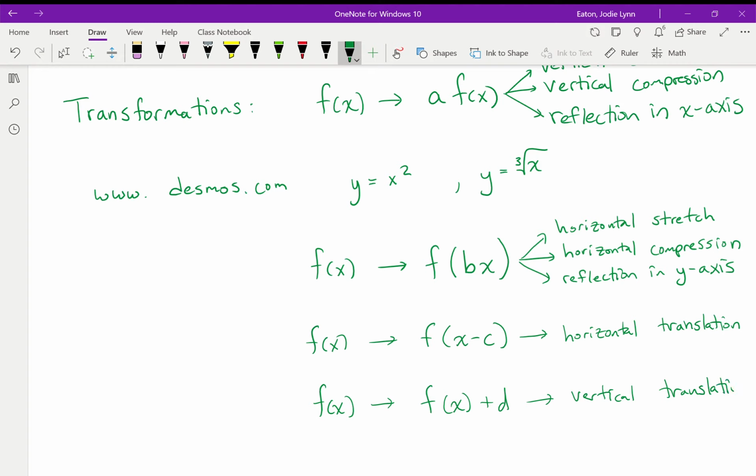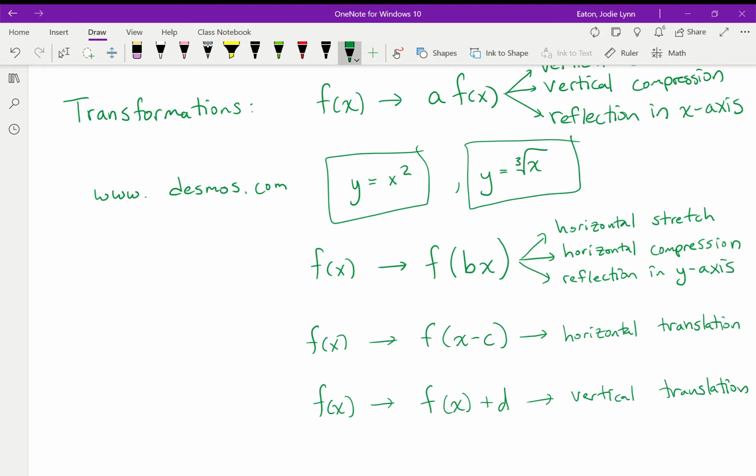Okay. So I urge you to go and try doing some of these to one or both of these two example functions on Desmos to see what it is doing geometrically to the graph that you have. First you can try these one at a time and then see what happens when you try them together.